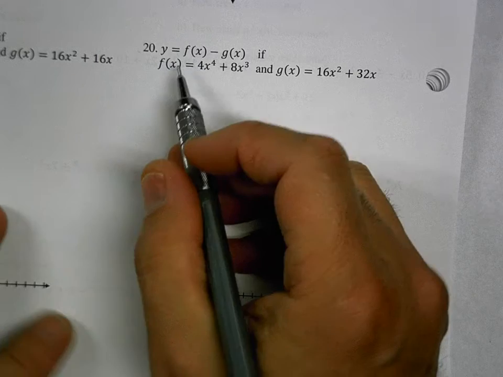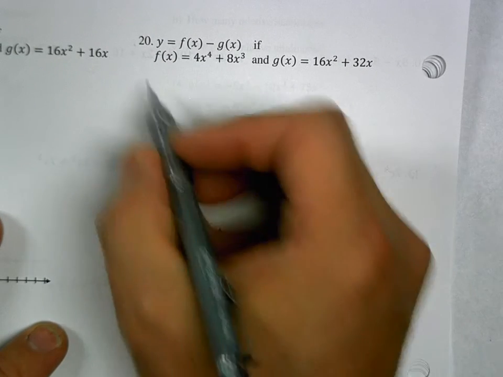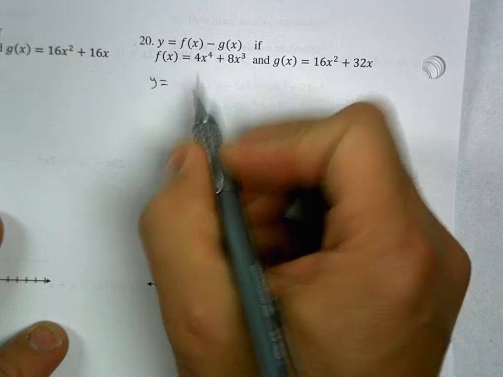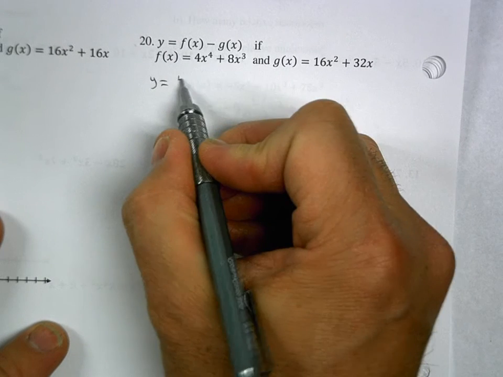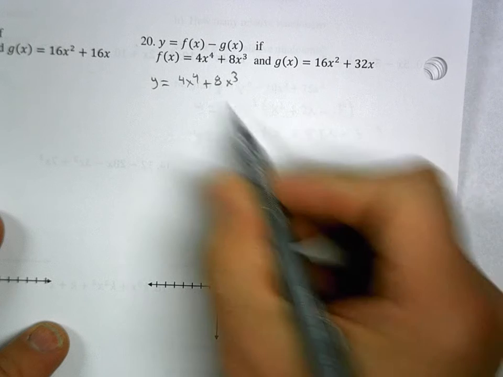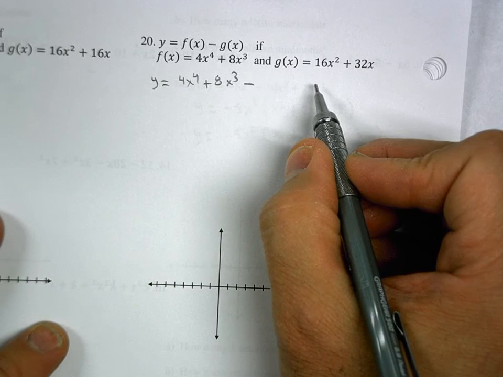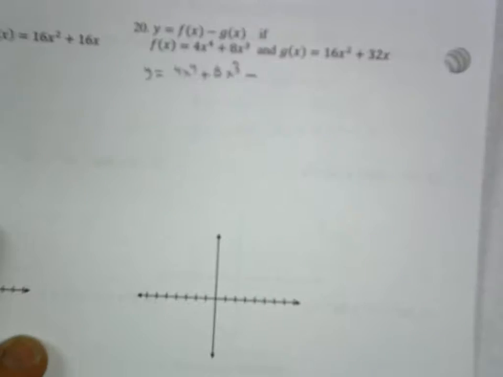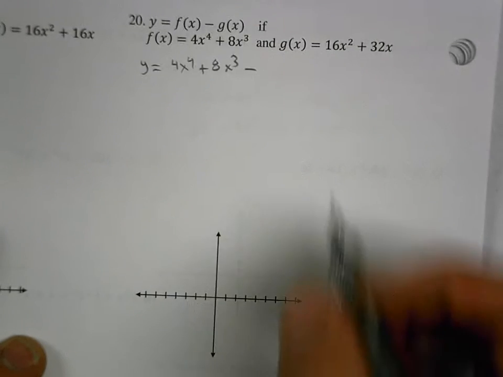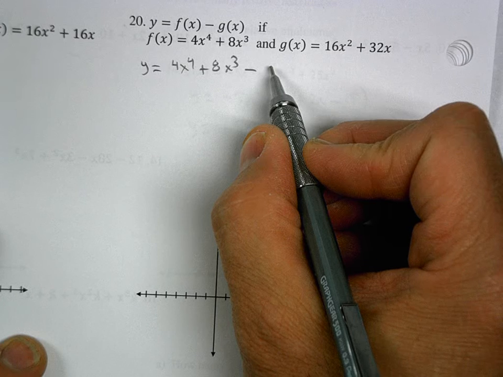So let's see. They want f of x minus g of x. Okay, so y is equal to, here's f of x, 4x to the fourth plus 8x cubed, there's f of x, minus g of x. So minus g of x, what do I have to remember to do? Put parentheses.